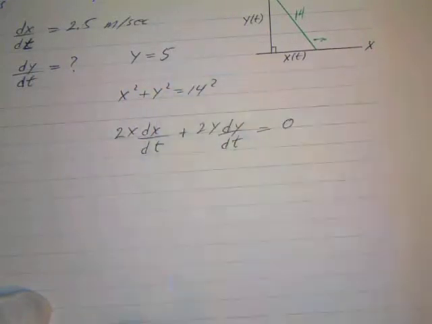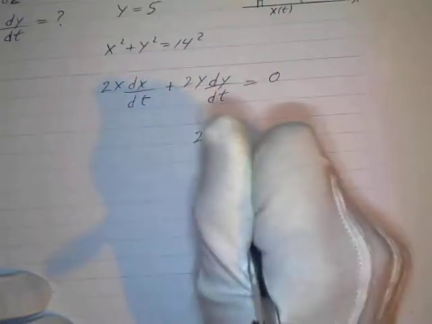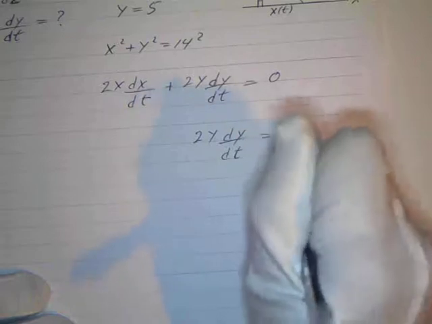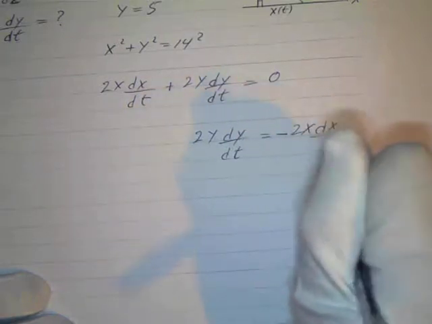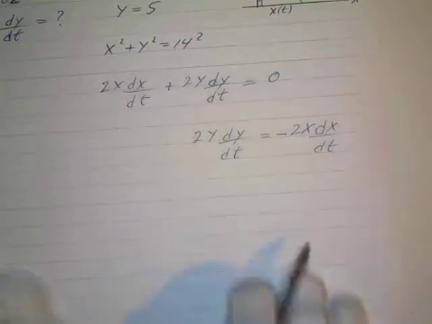It's just a constant. And we're trying to solve for dy/dt, so I'll subtract this term from both sides. So I have 2y dy/dt equals negative 2x dx/dt. It will be negative because it's going down the wall.